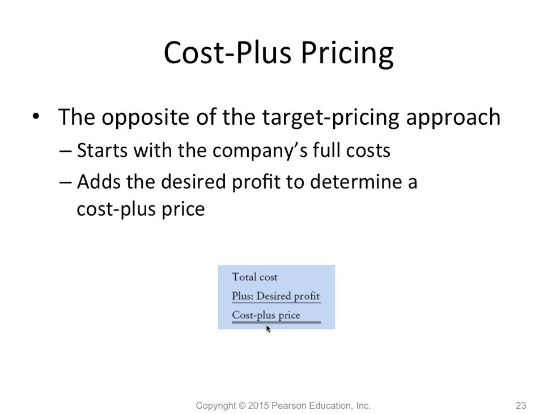The basic idea here is we want to make some profit, and we find our total cost. So our price needs to cover all the costs as well as the target profit. Then you can set a price. This will be the total for all the products, and then divide by units, and it will be the unit price for each product.